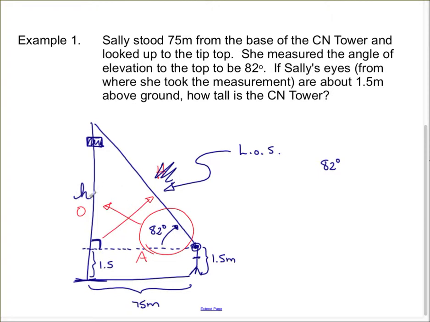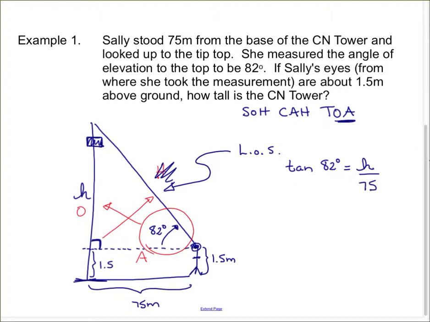We want to use opposite and adjacent. Opposite and adjacent is tan. So I'm going to put tan here. Opposite over adjacent is h, little h, that's the height, over 75 meters.